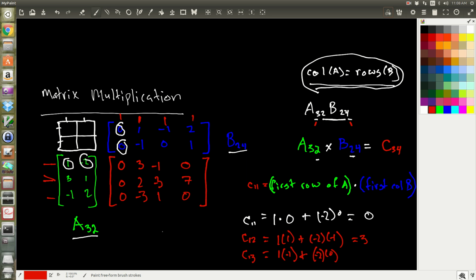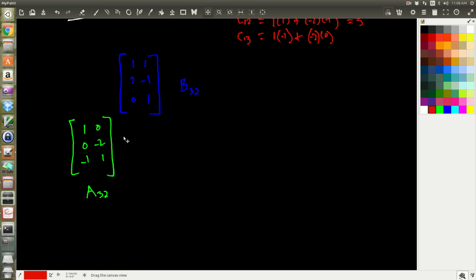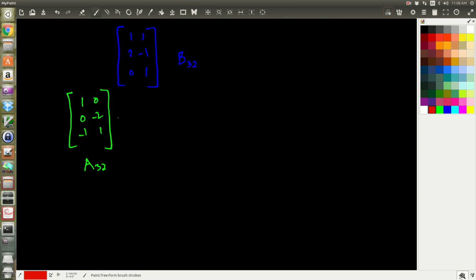Now if I come down here, it's pretty simple and straightforward how to do this matrix multiplication. I just wanted to illustrate, if I had A and B matrices like this, you see that they both have 3 rows and 2 columns.